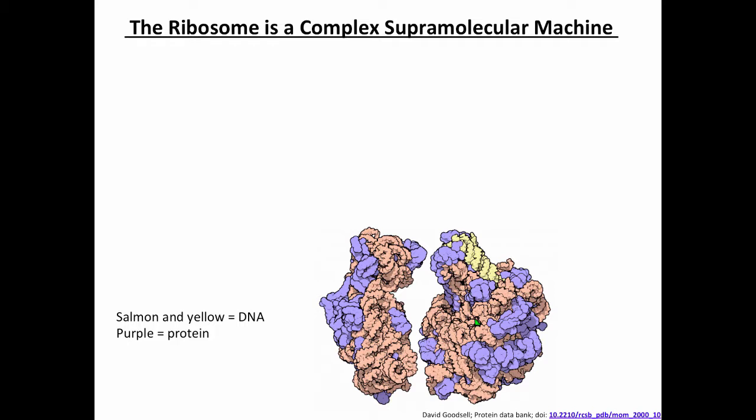Okay, so the ribosome, it is this very complex supramolecular machine. I don't know how super is different from supra. I don't know if that was meant to be there or not.